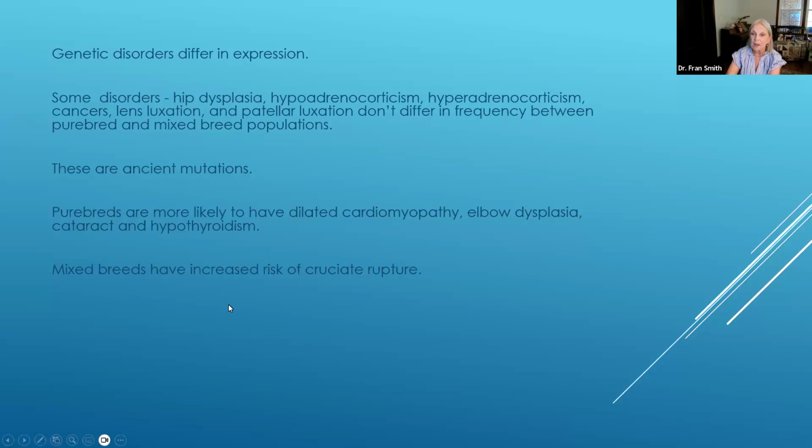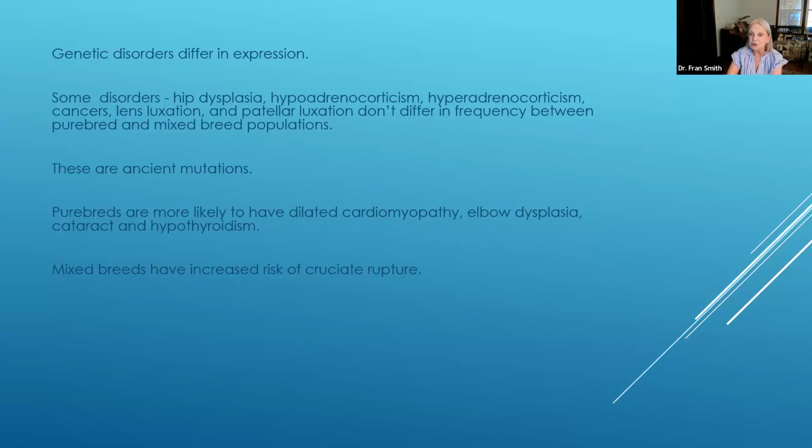They're ancient. Purebreds, however, when we select for particular traits that we like, we accidentally drag along some genes that contribute to these diseases: dilated cardiomyopathy, elbow dysplasia, cataracts, and hypothyroidism. Interestingly, mixed breeds have an increased risk of cruciate rupture.